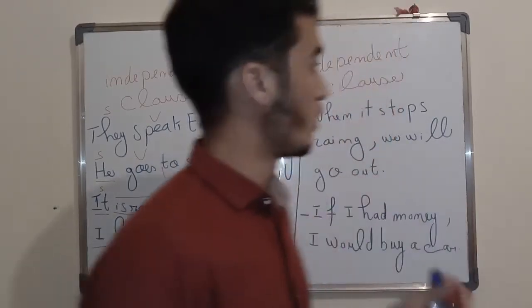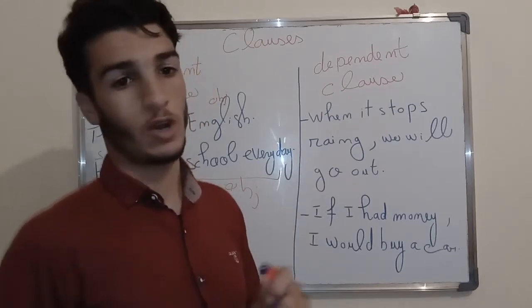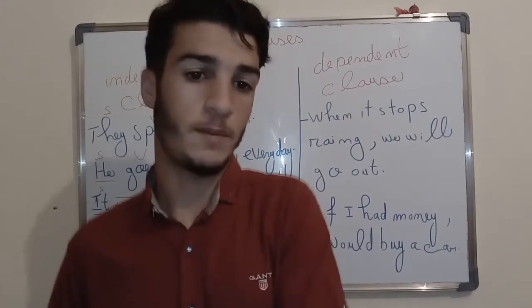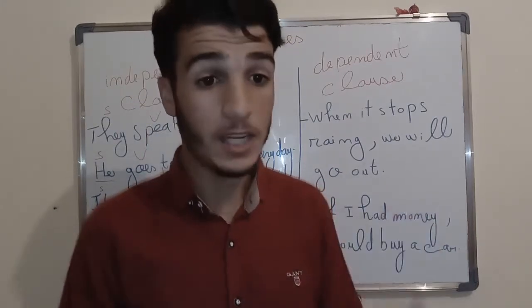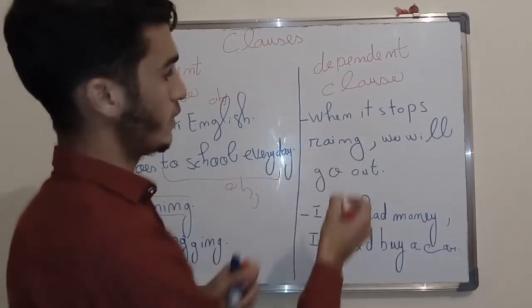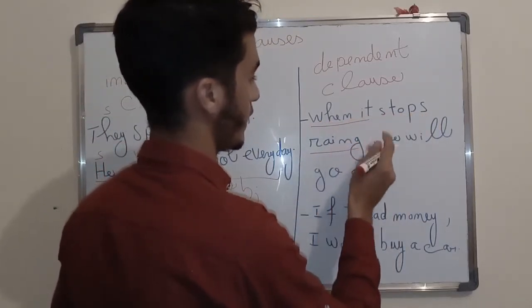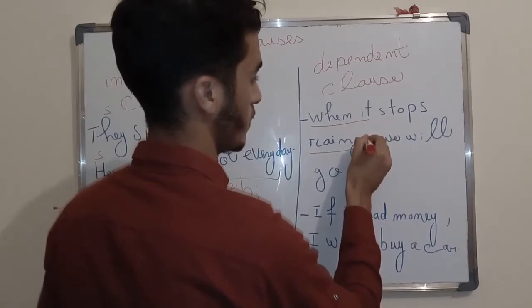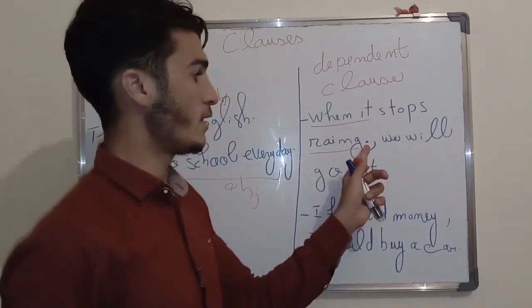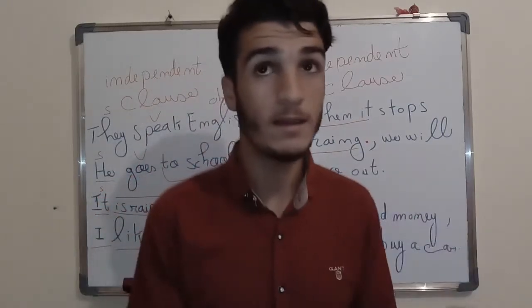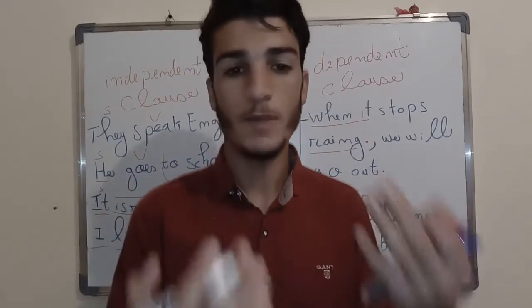Here we have dependent clause. The word dependent means something depends on something else. That's actually what we have here. Look at this one: when it stops raining. Does it make sense?